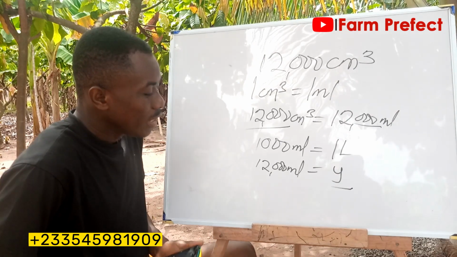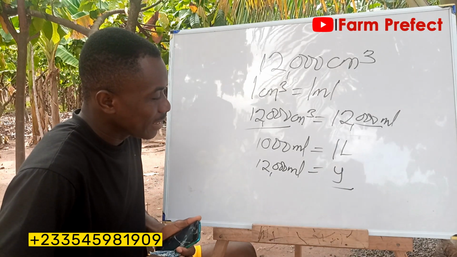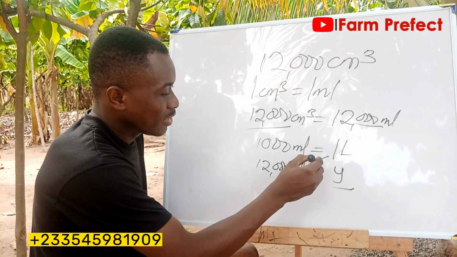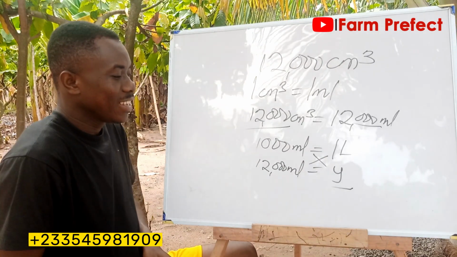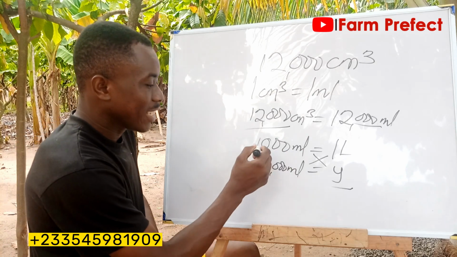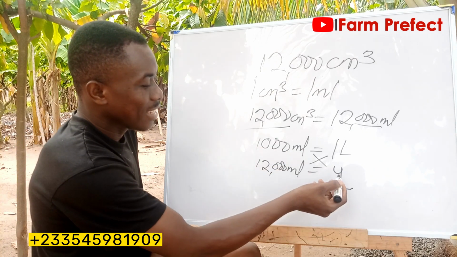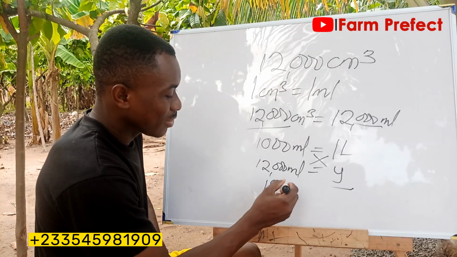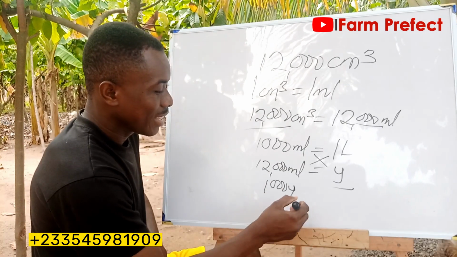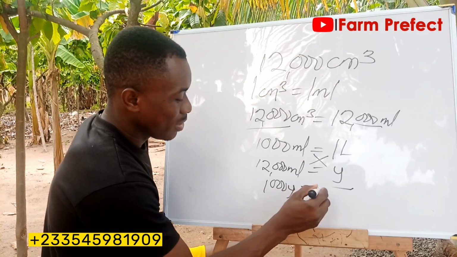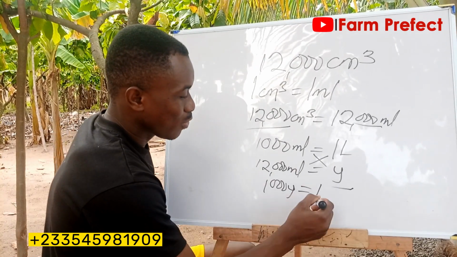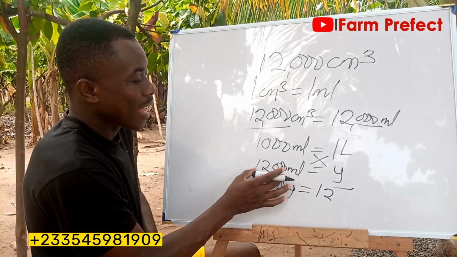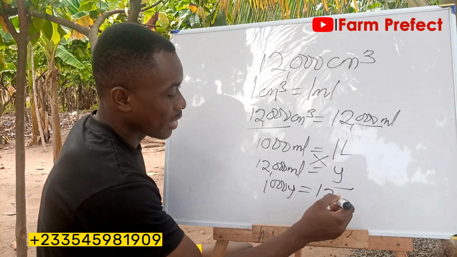In our quest to find the y, we need to basically cross multiply. So when we do the cross multiplication, this is 1,000 times y, so it will be giving us 1,000 y, which will be equal to 12,000 times 1, which is 12,000.